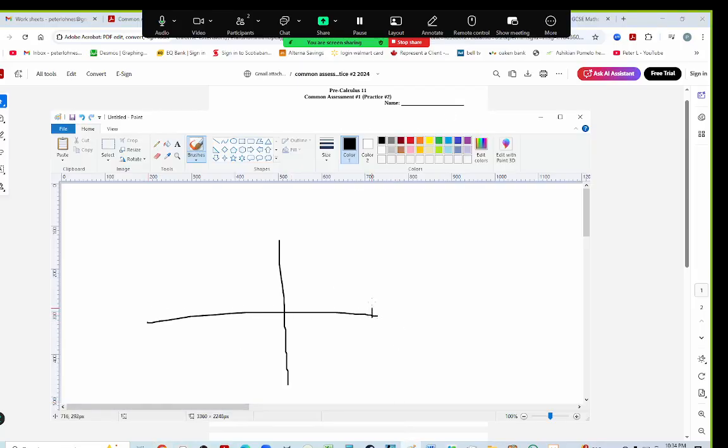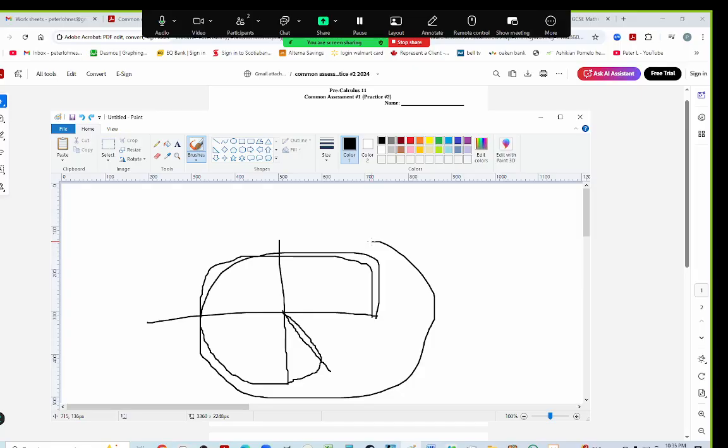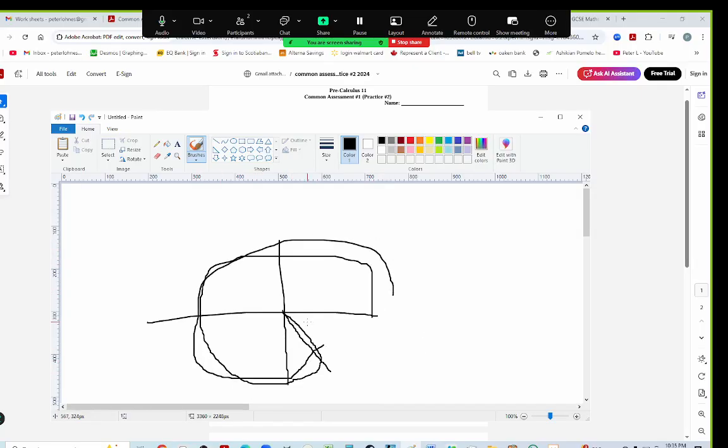Here we go. 90, 180, 270, 30 more is 300. What's this angle here? How much in a full circle? 360. If I went 300 to here, how much is left? 60. So 60 is the special angle we're looking for.